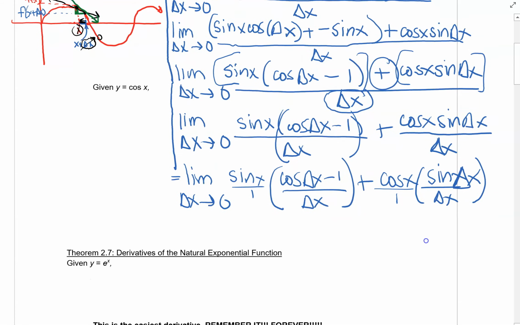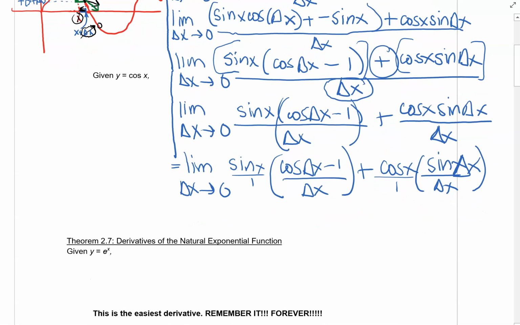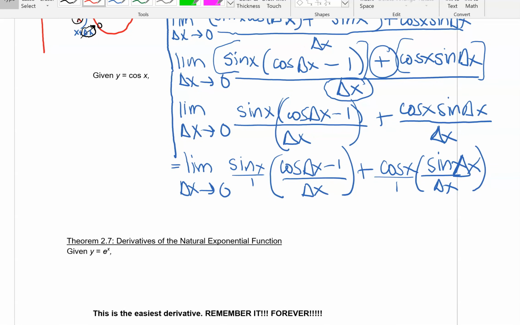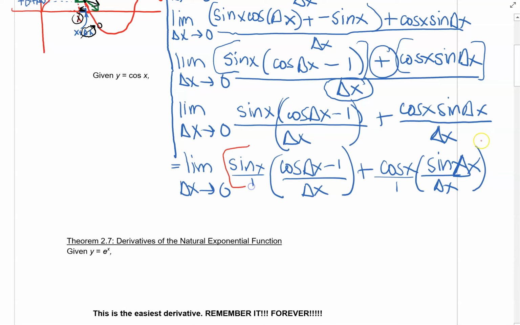Now I'm going to use a couple of properties of limits, because we have a whole thing I'm taking the limit of, but in it I have a product here, a product there, and then a sum. According to the properties of limits, I can find the limit of each of these things separately, and then multiply them, and then add them afterward. So that's what I'll do. I'll take the limit of each part separately.